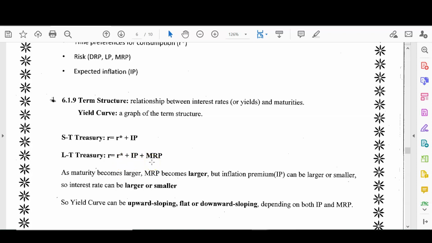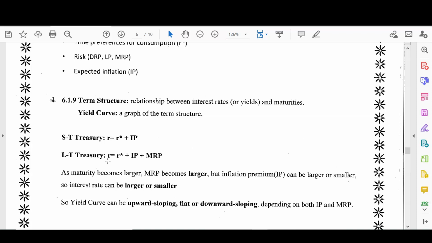However, the bond with longer term should have a higher MRP. However, it also covers more years, so the inflation premium could be either larger or smaller. If IP and MRP are both larger, then R should be larger for this longer term bond. If IP becomes smaller though, so much smaller as to offset the effect from the larger MRP, then R could be even smaller.